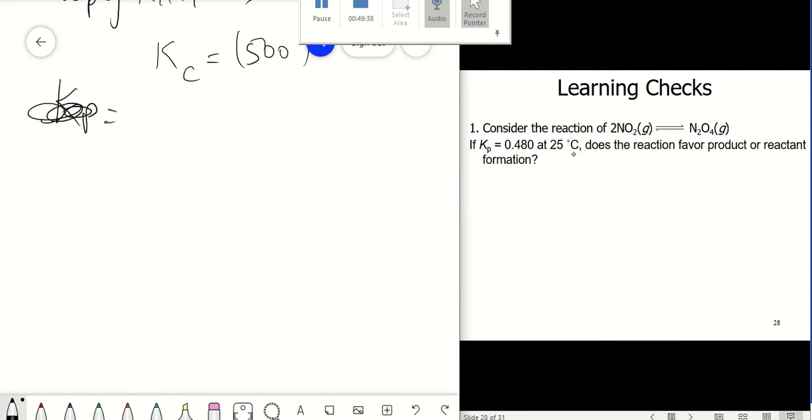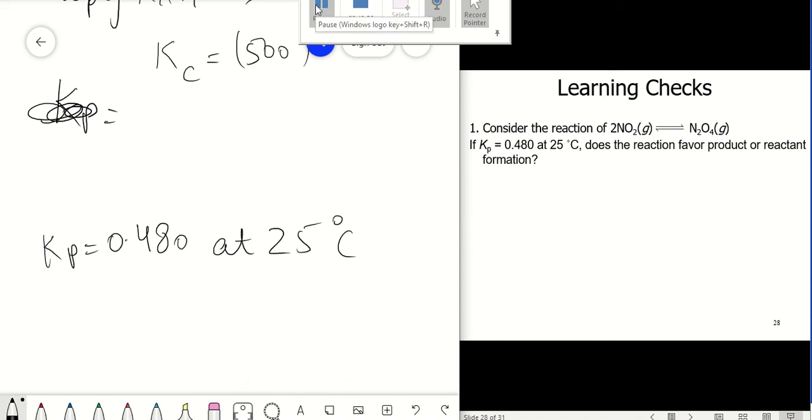For this particular reaction, Kp is given to us: Kp is 0.480 at 25 degrees Celsius. The question is, does the reaction favor product or reactant?